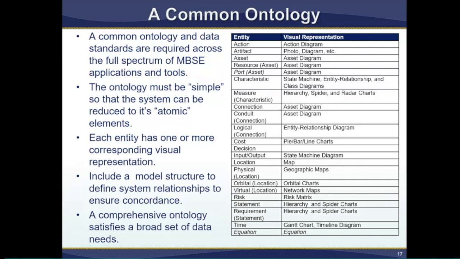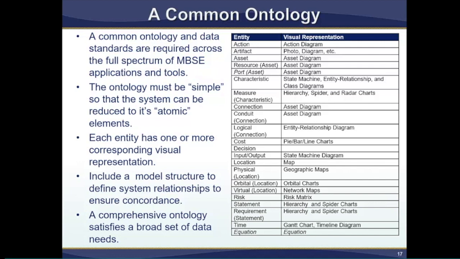So I argue that we should have that simple ontology. That ontology, each entity within an ontology should have, in my mind, a corresponding visual representation. Some languages out there already do. They have their entity name, and they have a related visual representation.